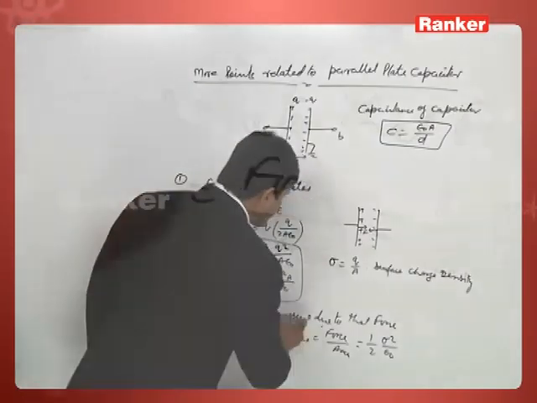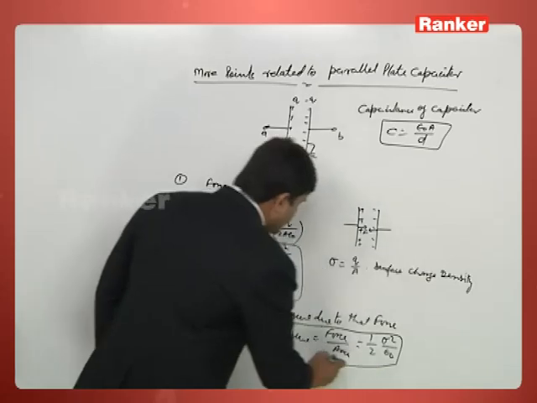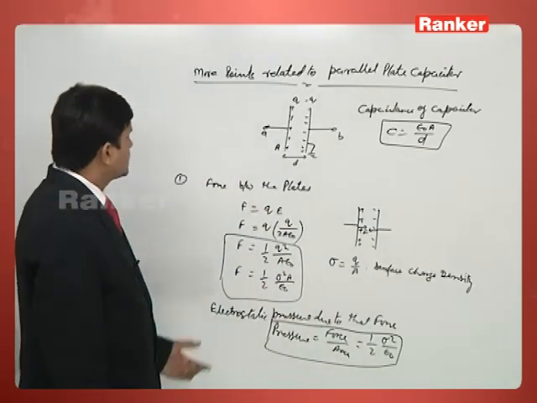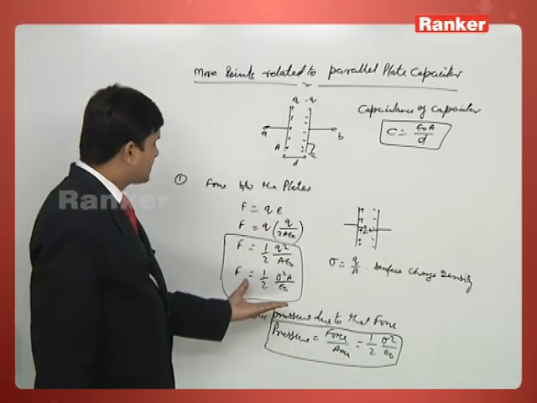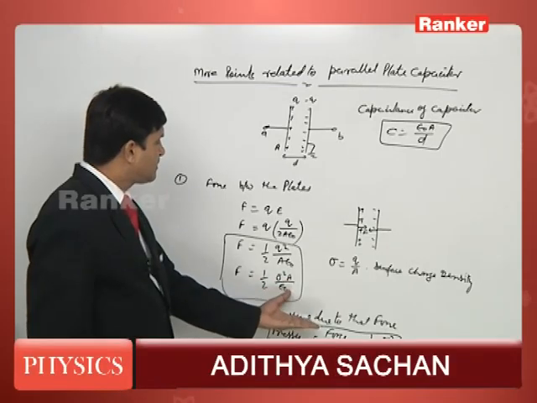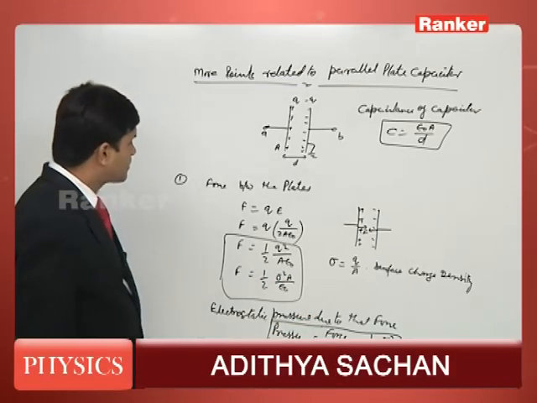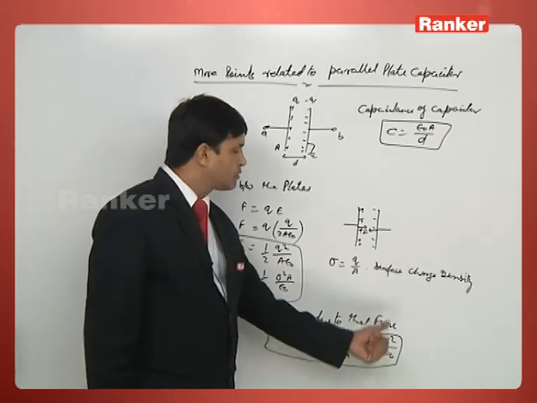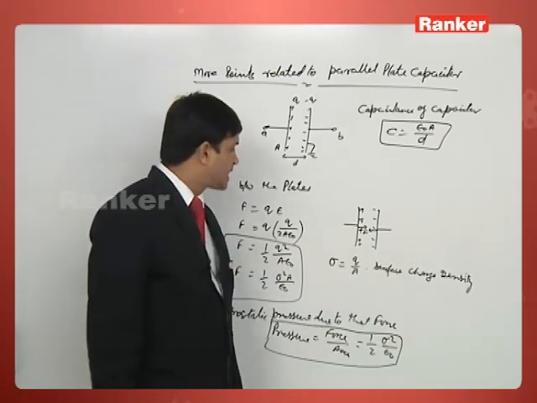So the force between the plates is 1 by 2 sigma square A by epsilon naught, while the pressure between the plates is 1 by 2 sigma square by epsilon naught.